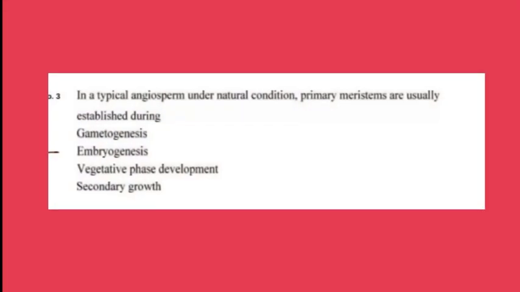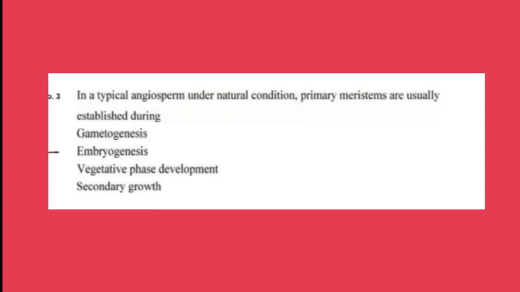In a typical angiosperm under natural conditions, primary meristems are usually established during. Now about meristems, the meristems are classified as primary meristem and secondary meristem.